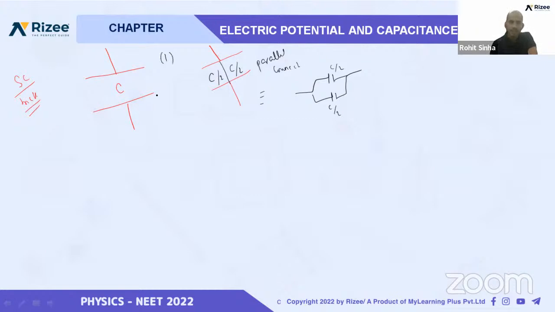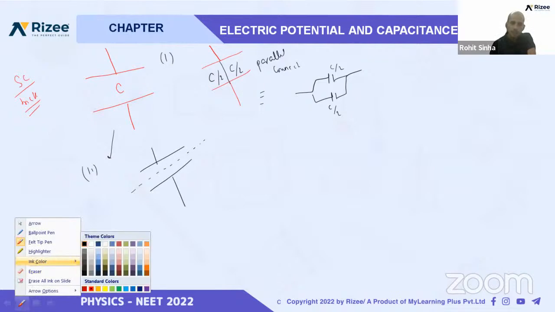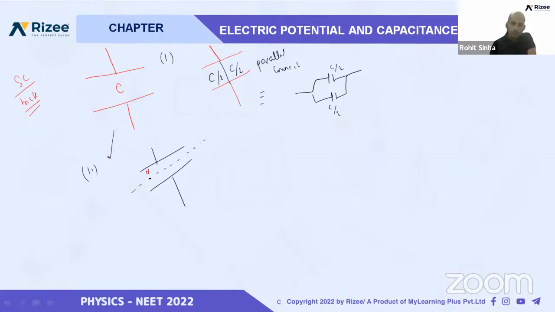Second important shortcut. If I cut the capacitor in two equal halves the other way, it will become two capacitors again. Here the capacitance will become 2C and 2C, and both are in series combination.